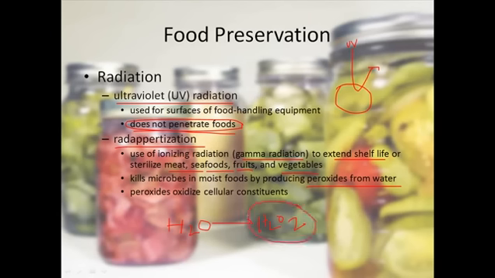This hydrogen peroxide is a really toxic material for bacterial cells, and a very dangerous material for bacteria. It can prevent the bacterial cells from growing in normal environments. That's why it's really important for us to use this radappertization.